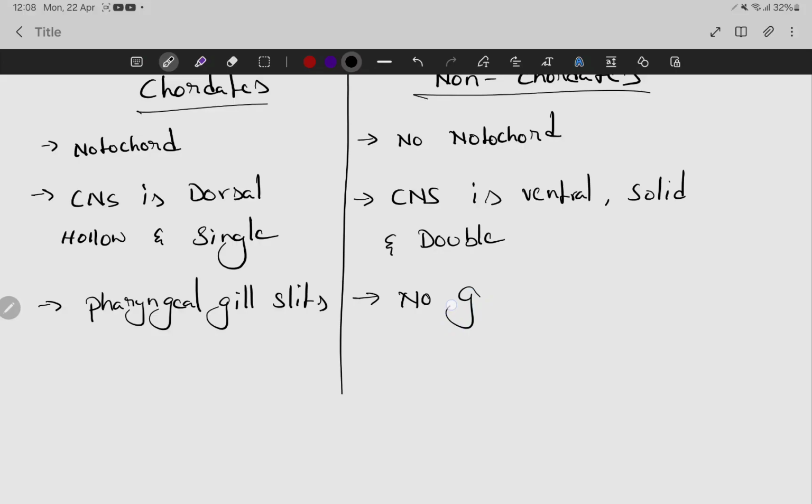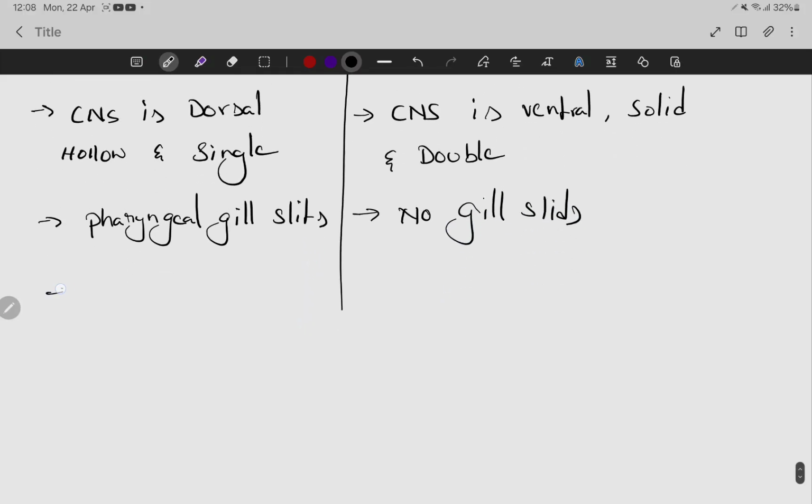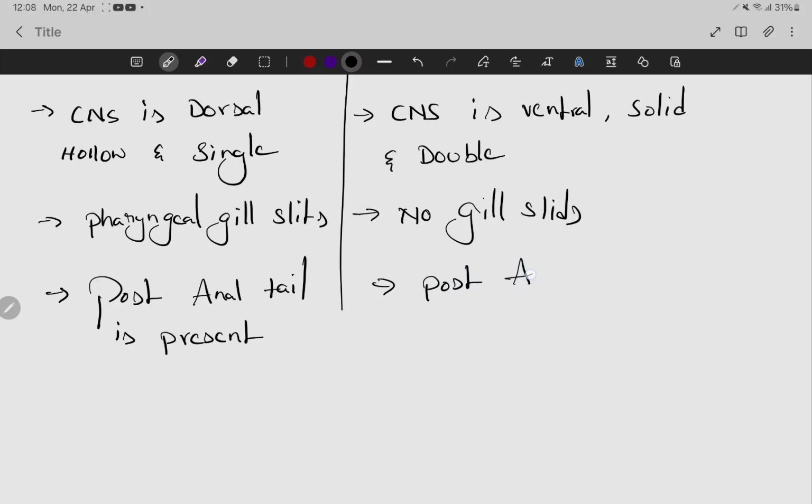No gill slits in non-chordates. Post-anal tail is present in chordates. Post-anal tail is absent in non-chordates.